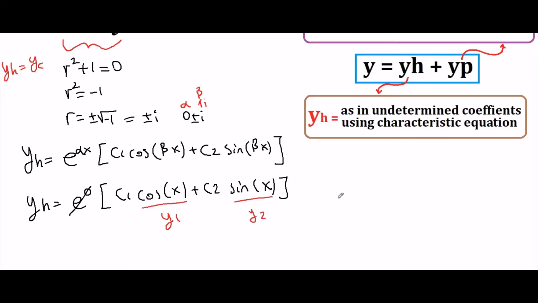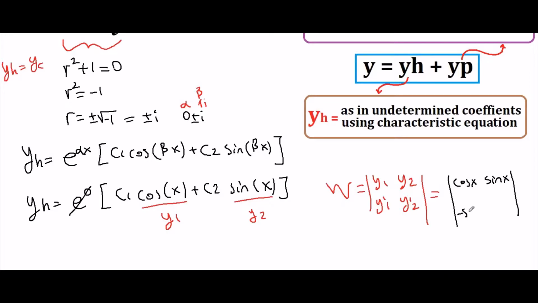Now we can find our determinant. So our Wronskian will be y1, y1 prime, y2 and y2 prime. Our y1 is cosine of x and our y2 is sine x. Derivative of cosine is negative sine and derivative of sine is cosine x. Now we're going to multiply these two entries and subtract this entry.